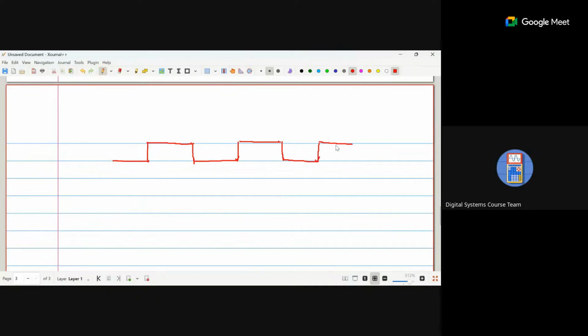Okay, so this is the clock signal, and let's say these are positive sides. Let's have it positive level triggered. It is positive level triggered, and this is clock.